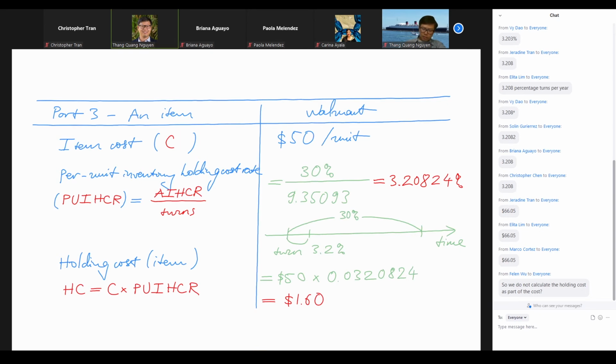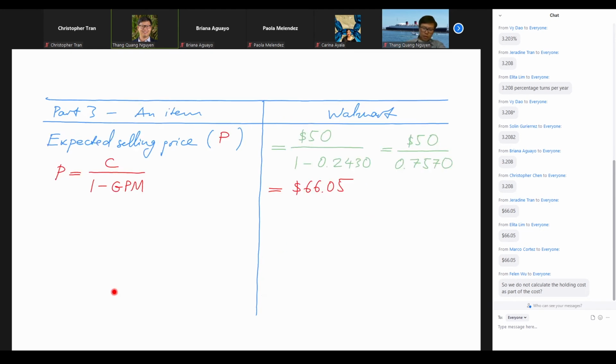Before we can calculate the profit, we calculate the expected selling price first. And later on, we can take into account the cost to calculate the profit of the item. So your question is a little bit ahead of our time, just a little bit ahead.